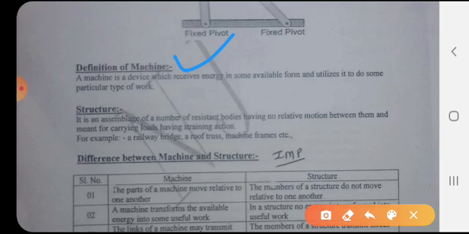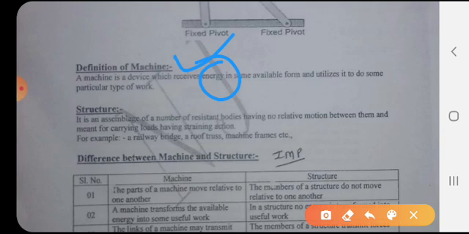I also discussed what kinds of energy are available. There are many types of energies available, converting some energy forms to do a particular type of work.